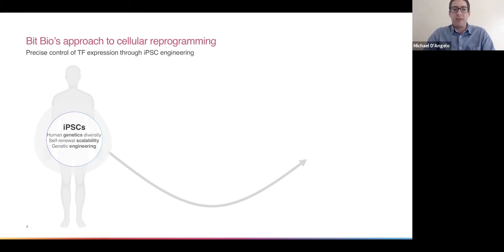They have advantages in that, depending on where you get that starting cell type from, they can represent different human genetic diversity. They are self-renewing and therefore inherently scalable. And they now have really robust cell culture procedures in place, which means that they're amenable to genetic engineering.